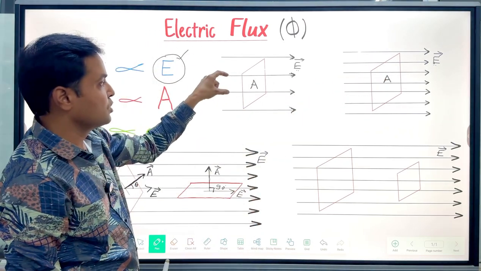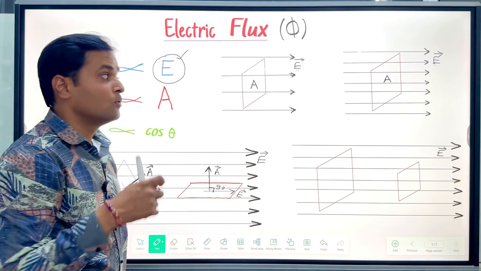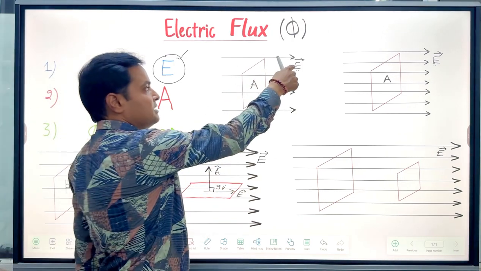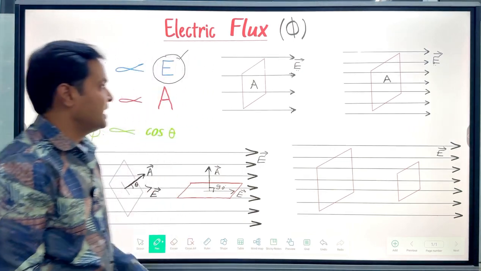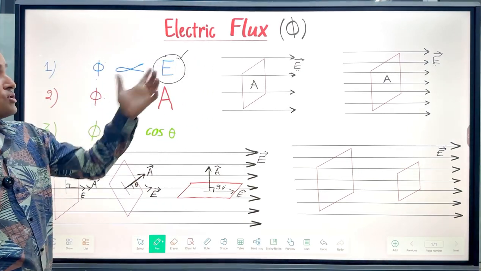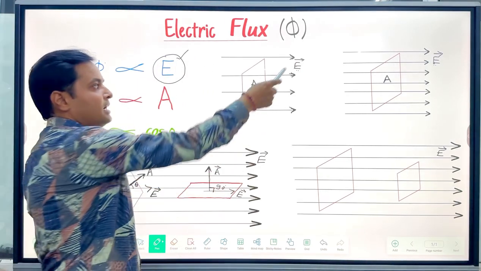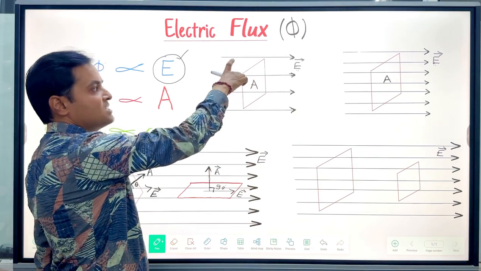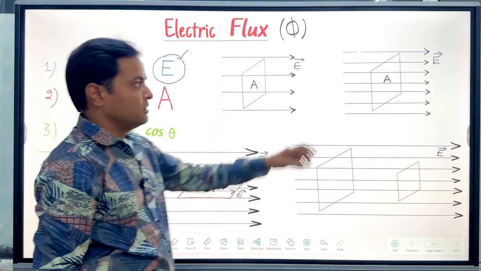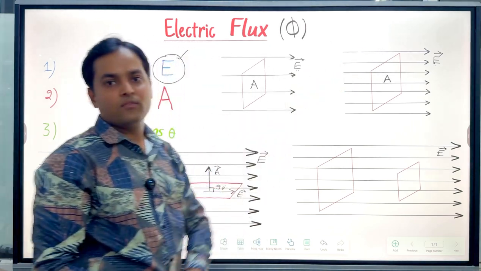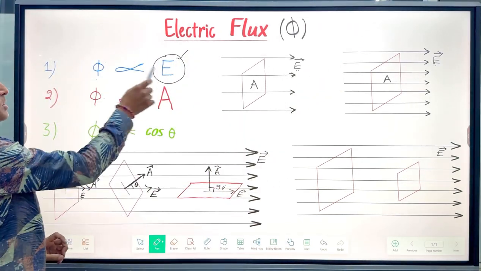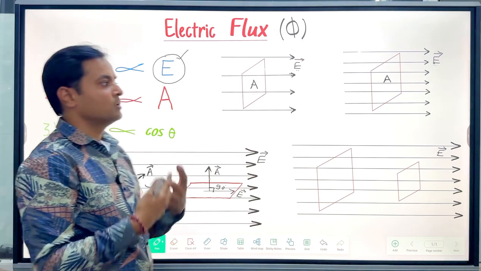The fewer the field lines, the lower the electric flux. E here low, E here high. That means flux is proportional to E. E low, field lines far, flux low. E high, field lines closer, flux high. So phi is proportional to E, concept number 1.